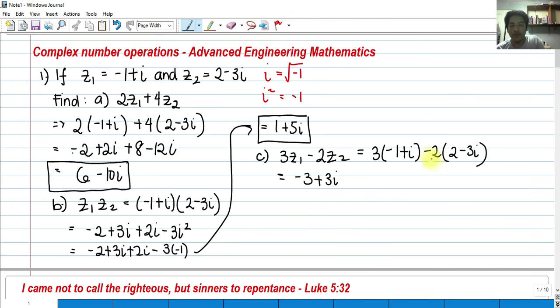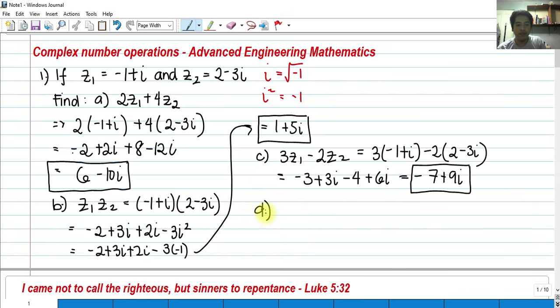Then, don't forget to distribute also the minus sign due to the subtraction. So we have -4, then plus 6i. So we can simplify this. -3 minus 4 is -7. We have 3i plus 6i, that's 9i. So this is our result, the final answer.